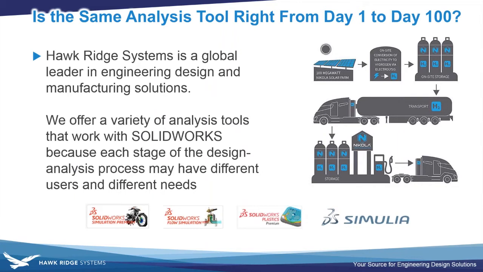You probably are aware that Hockridge Systems is one of the largest SOLIDWORKS providers and engineering solution specialists in the United States and all of North America. And so we offer a variety of not only design tools and other software, but also validation tools, mostly consisting of the SOLIDWORKS simulation tools like SOLIDWORKS Simulation and Flow Simulation, but also Simulia Abaqus, which is a family of more specialized validation products.